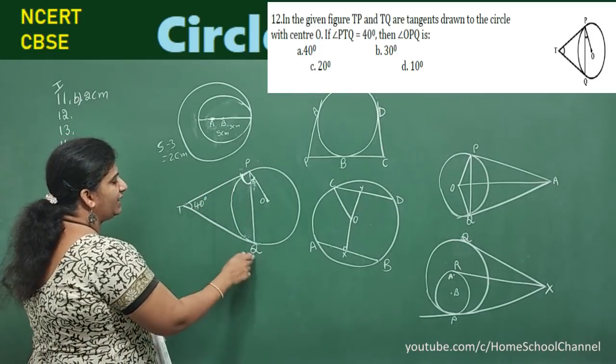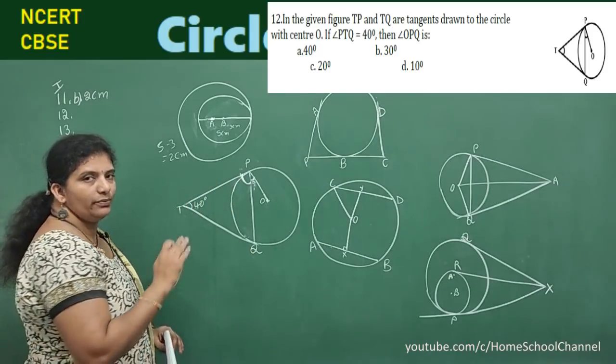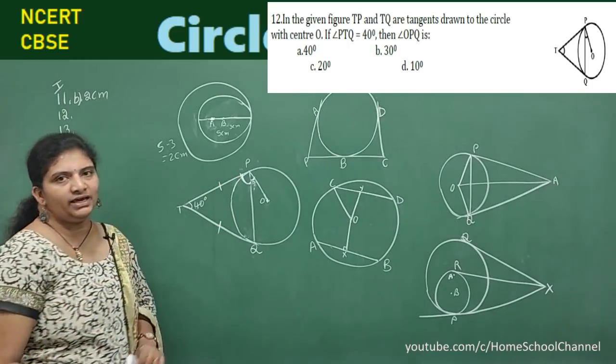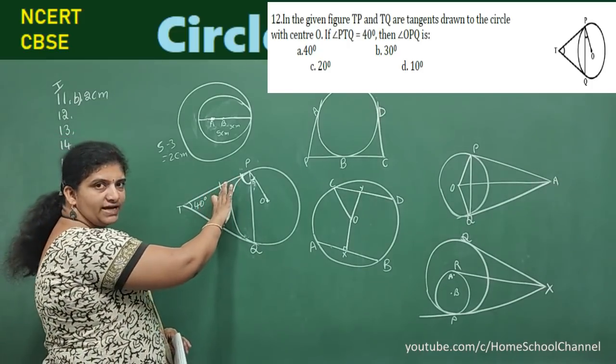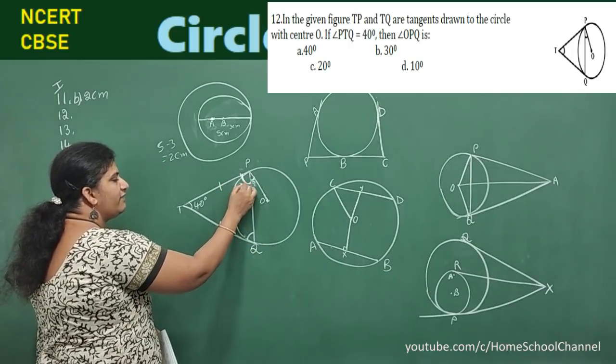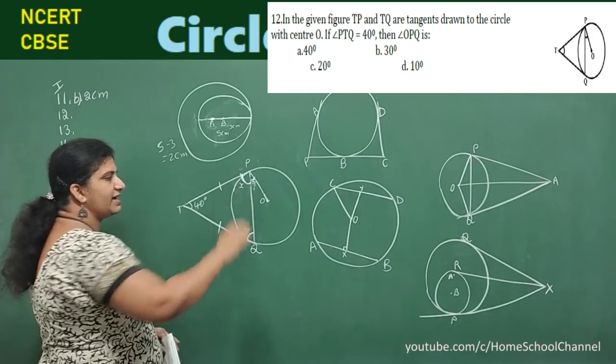Observe here, PTQ as a triangle. We know that tangents drawn from an external point have equal length. If these two sides are equal, then their opposite angles are equal. If I take this as x, this is x.